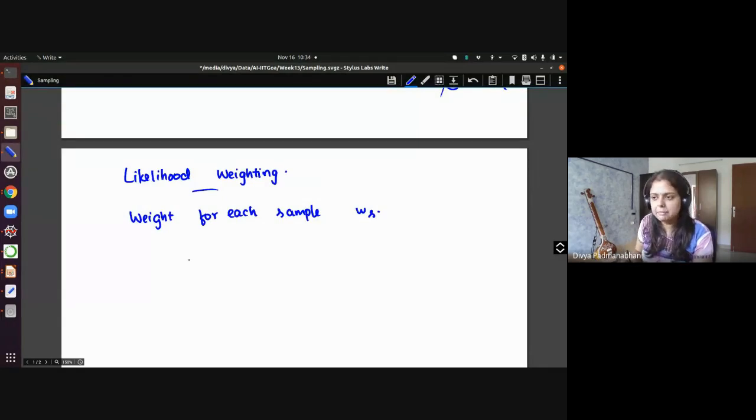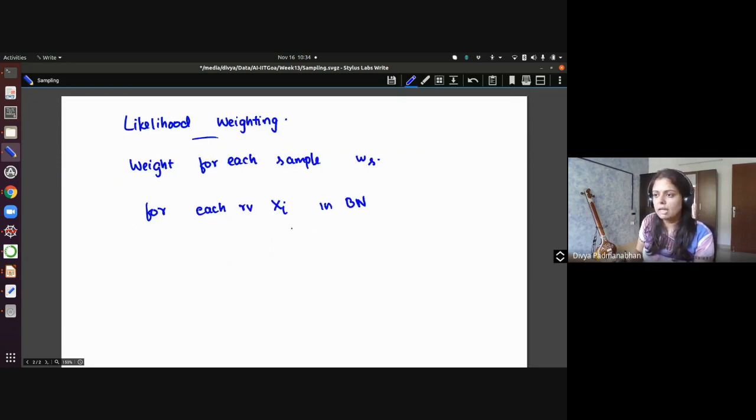So like before, you cycle through the random variables. For each random variable xi in the Bayes net, you do the following. If xi is not an evidence random variable, as usual, you just sample from P of xi given parents of xi.